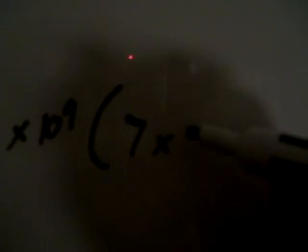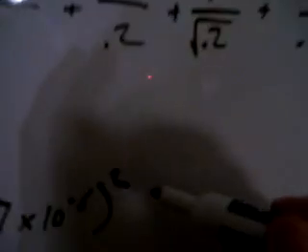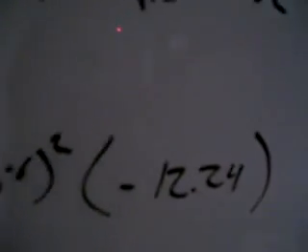So all of that is going to basically come down to 8.99 times 10 to the 9th times 7 times 10 to the negative 6 squared. And all of these numbers added together come to a value of negative 12.24, rounded off. Alright?